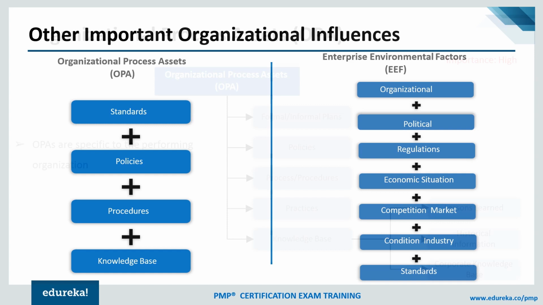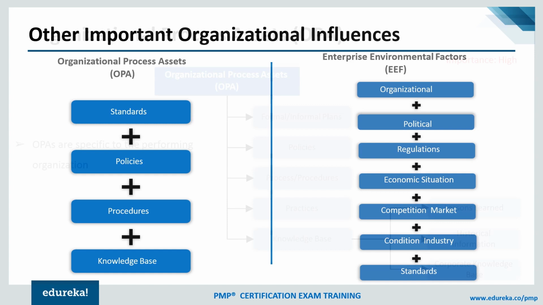There are a few more factors which will have significant influence on your project, and these topics are what you see on the screen: organizational process assets and enterprise environmental factors. They will play a very important and crucial role in your entire planning, the way you manage the entire project.